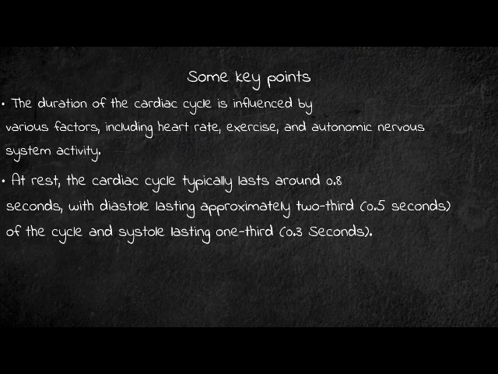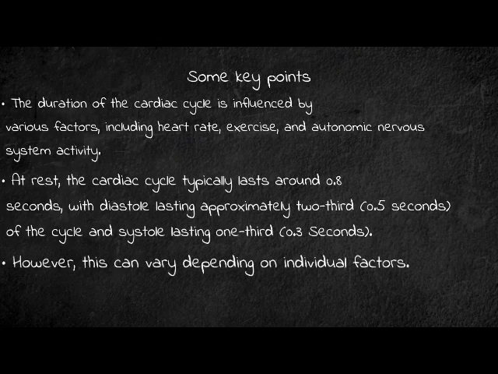At rest, the cardiac cycle typically lasts around 0.8 seconds. So the duration of one heartbeat is 0.8 seconds, out of which diastole lasts approximately 0.5 seconds and systole lasts approximately 0.3 seconds. However, it depends on individual factors which I already mentioned, like heart rate, exercise, and so on.